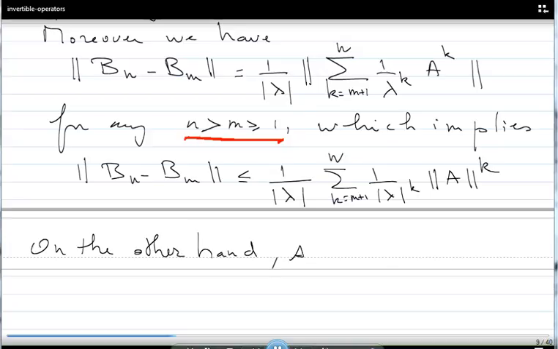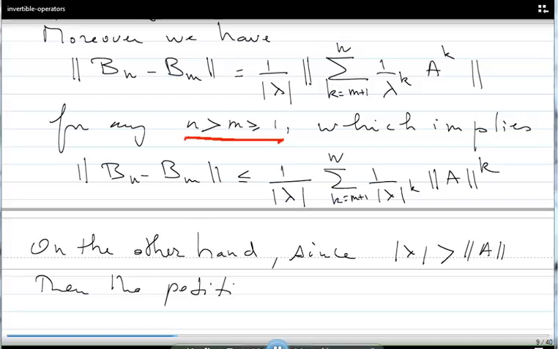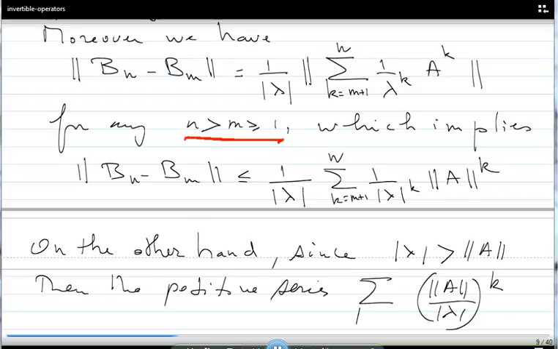since absolute value of lambda is bigger than the norm of a, then the positive series on the real line, sigma of the norm of a over absolute value of lambda to the power k from 0 to infinity, is convergent.